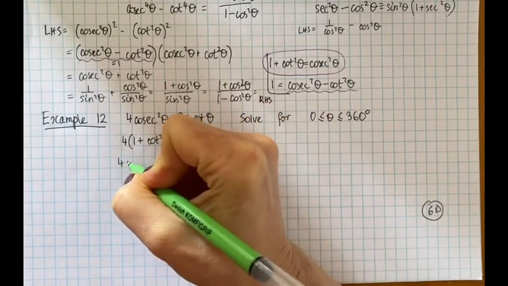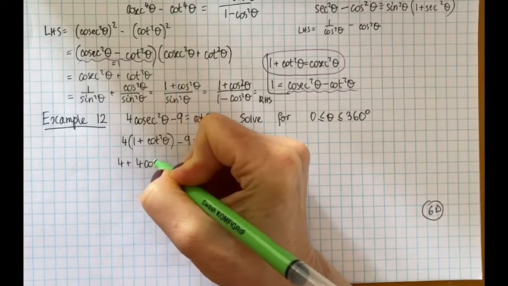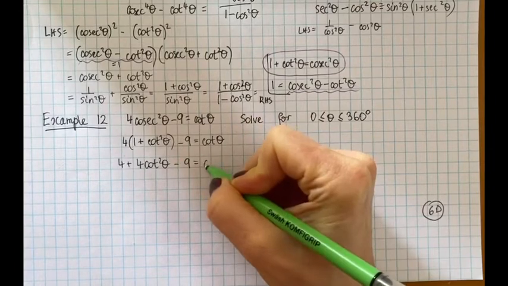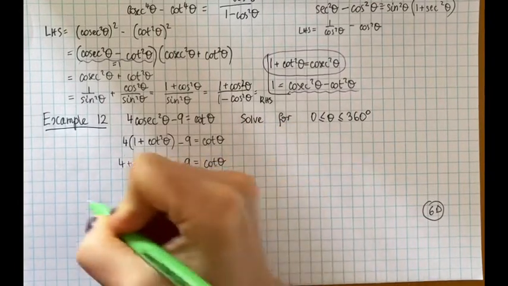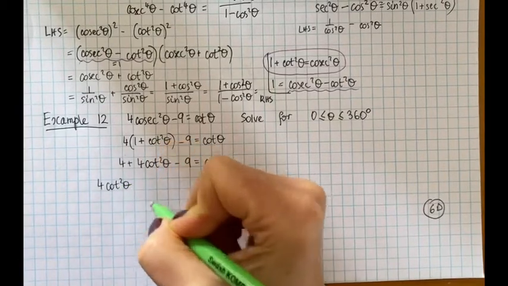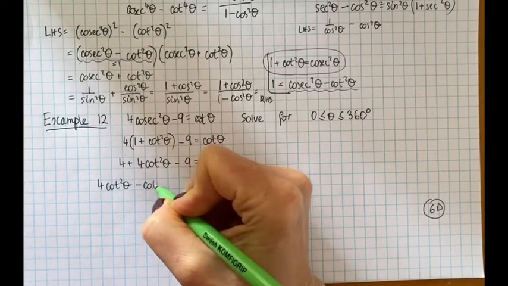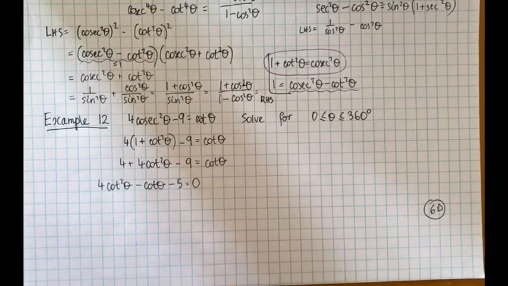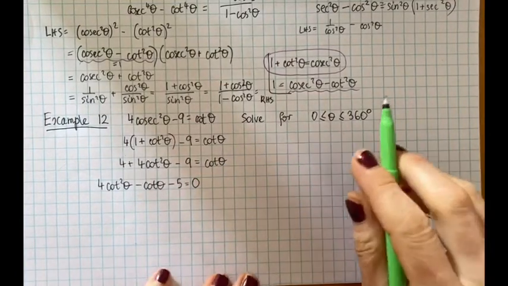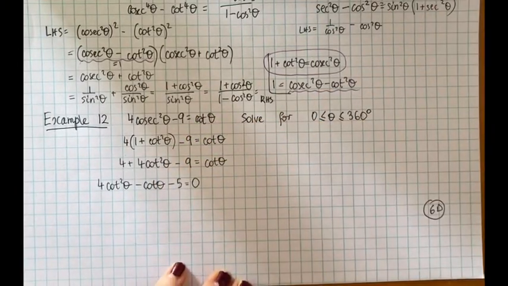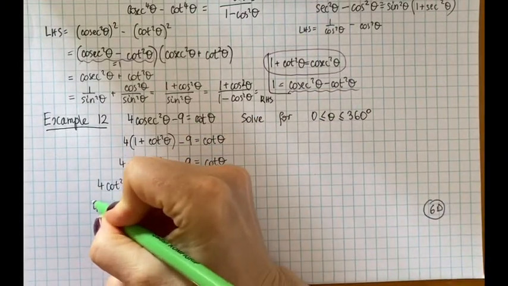So it's 4 plus 4 cot squared theta minus 9 is equal to cot theta. We're going to have 4 cot squared theta minus cot theta minus 5 is equal to 0. So we have got a quadratic equation, so we're going to try and factorize it or solve it using the formula.